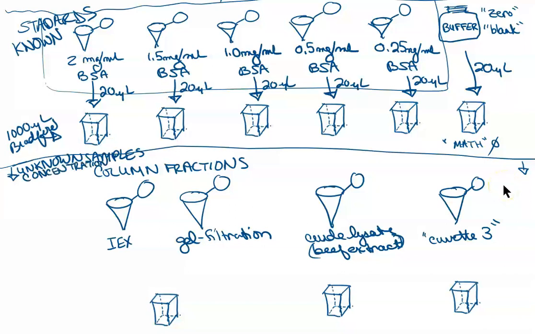And the first sample that was prepared was, depending on what column you ran, so we had the ion exchange column and the gel filtration column. The material that came off of the gel filtration column was much more concentrated, and so we need less sample.